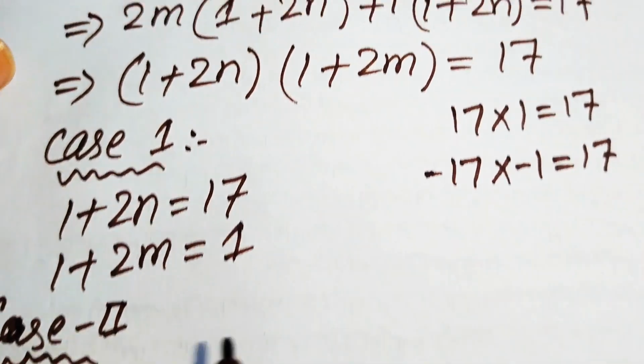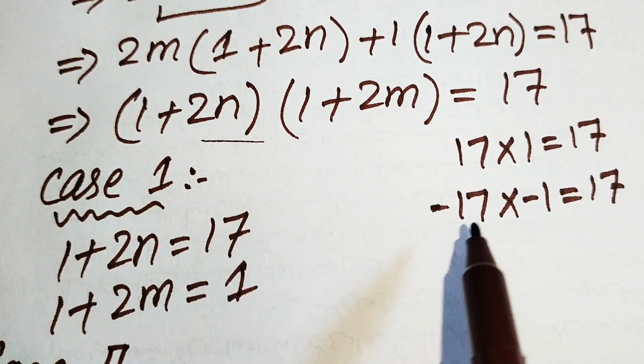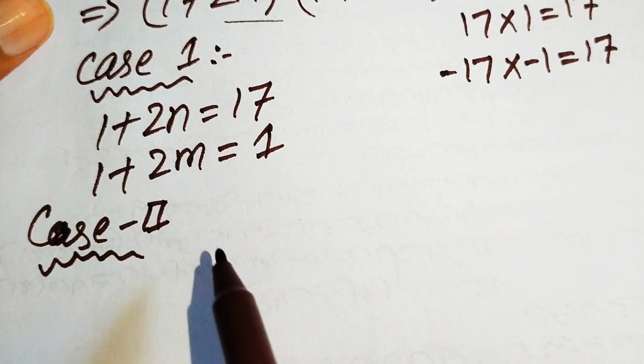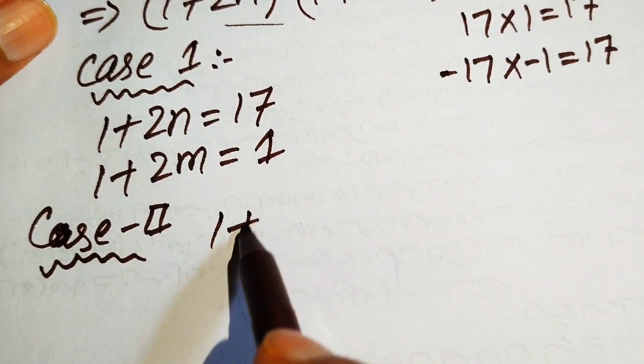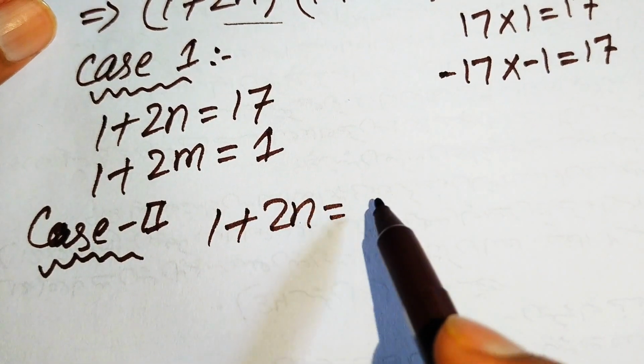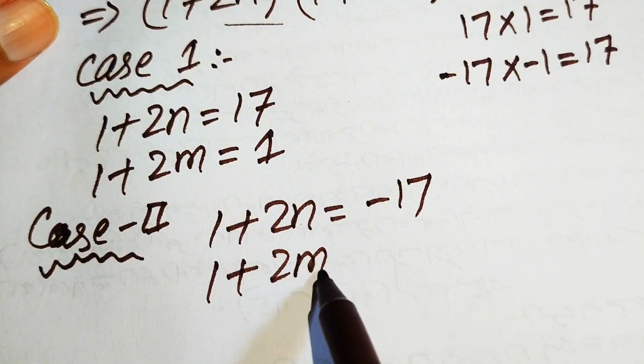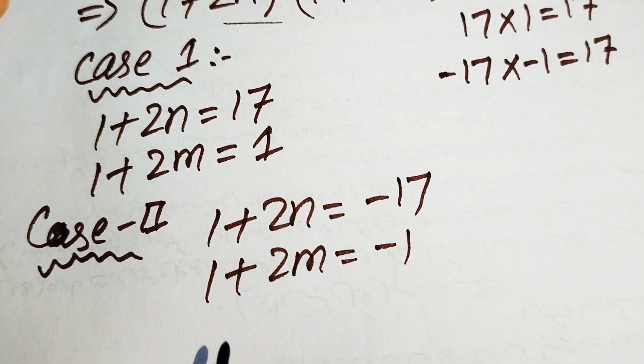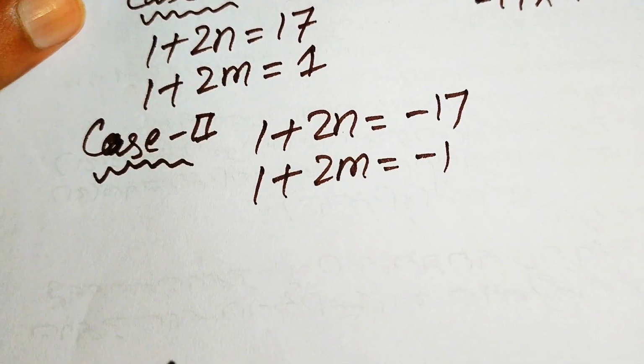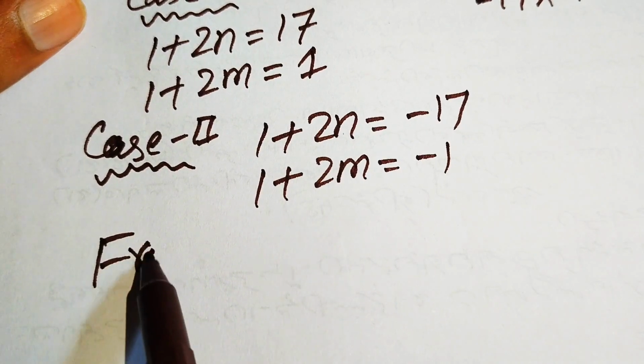In the second case we compare these two factors on these two numbers: 1 plus 2n equals minus 17, and 1 plus 2m equals minus 1.